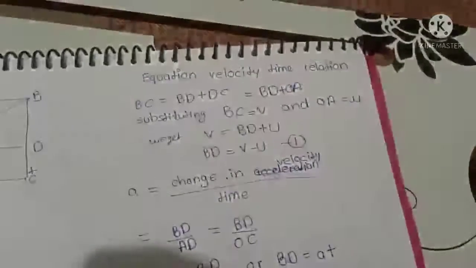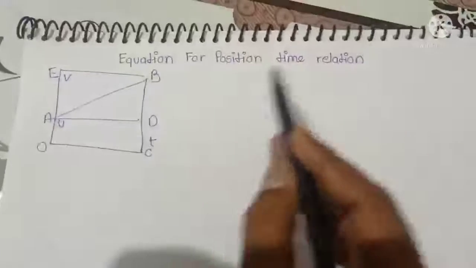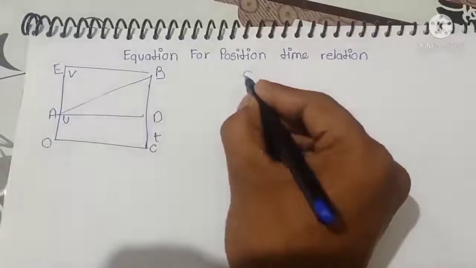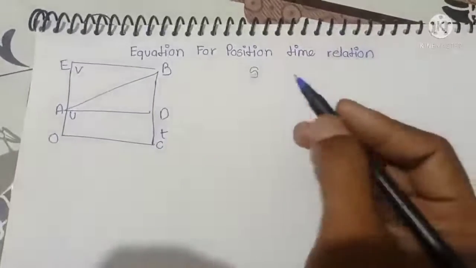This was our first equation of velocity time relation. Now for the position time relation, that means for distance or displacement.